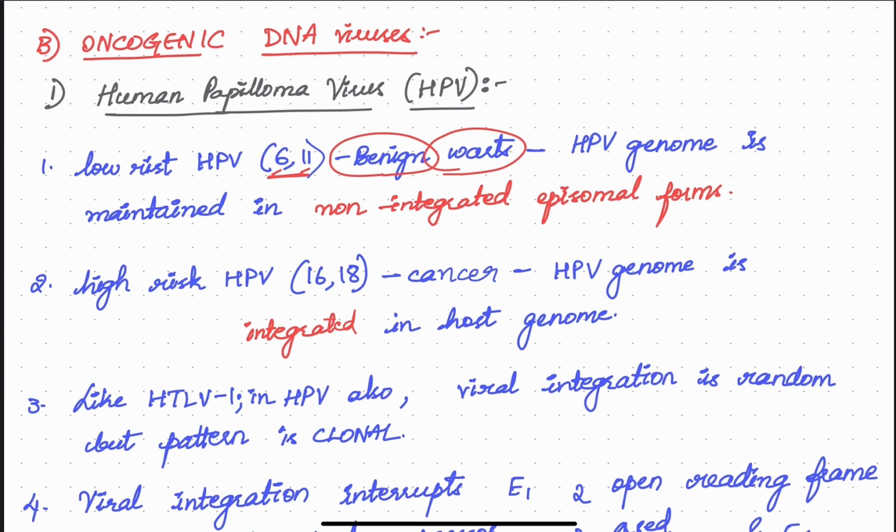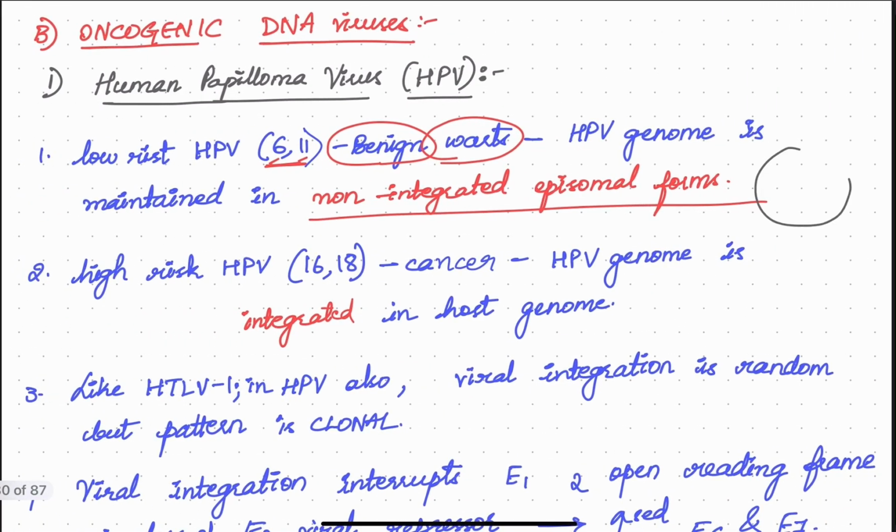Why are they benign? Because in the low risk variants the viral genome is maintained in a non-integrated episomal form. For example, this is the host cell, and this is the host DNA, the genetic material present within the nucleus of the host cell.